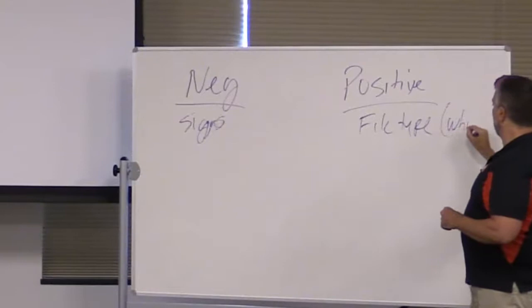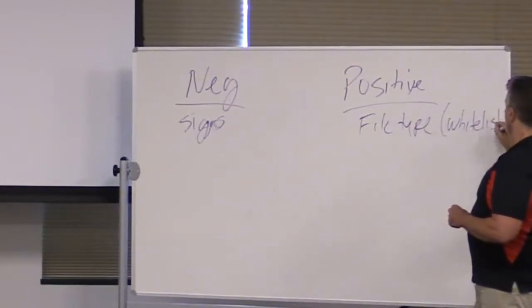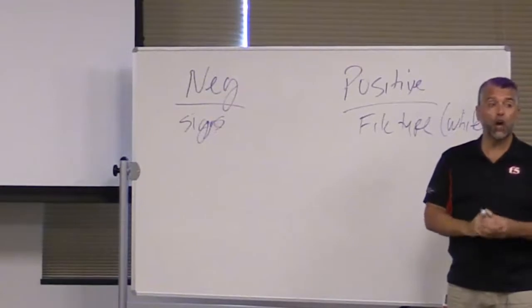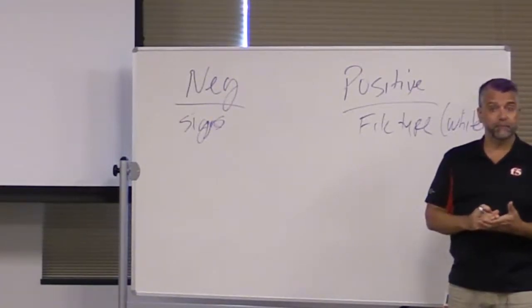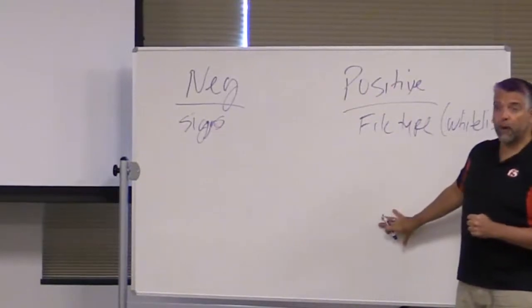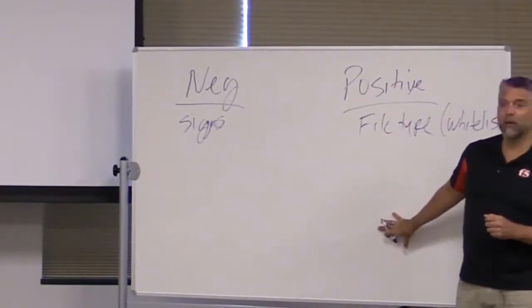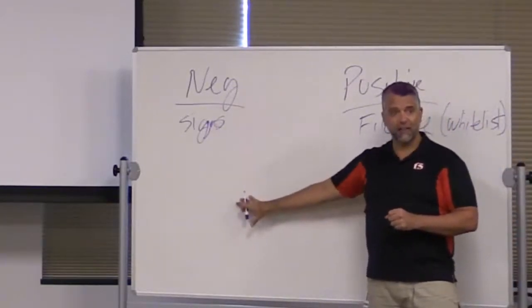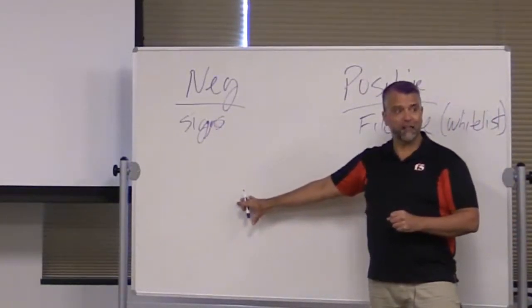Also, we can call this our whitelist. This is my list of file types that I've identified that I know are good. And we have tons of different positive security elements we can add to a security policy, and we have several negative things we can use.